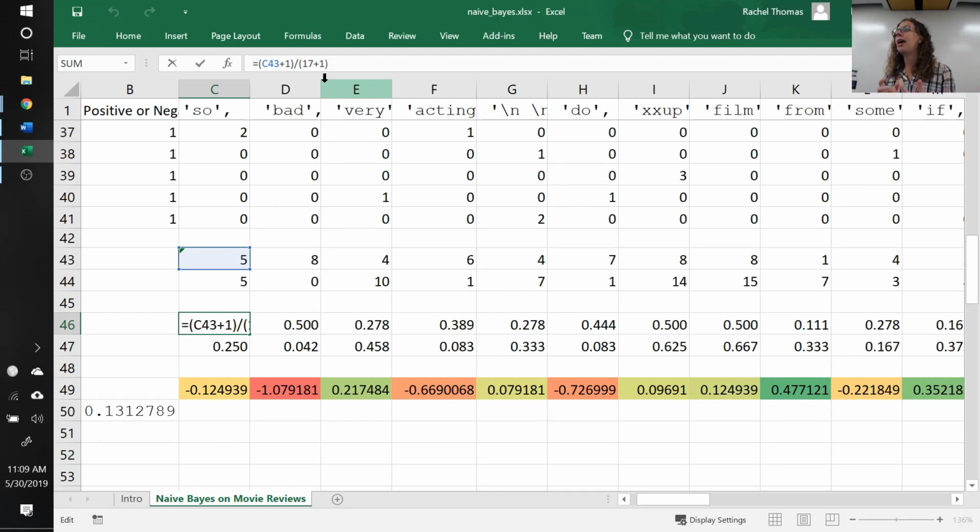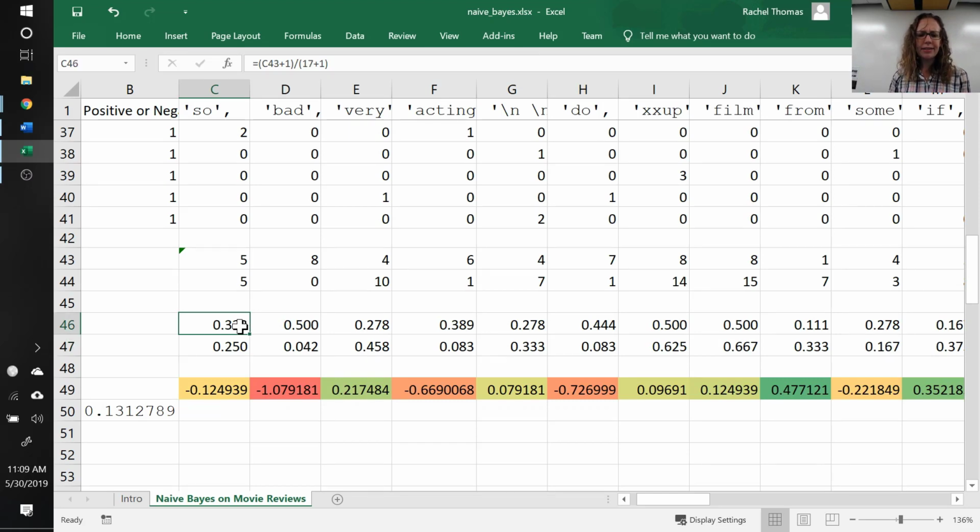Why do we add 1? For numerical stability, that's right, to avoid dividing by 0 or something very small. We've done that with the negative reviews and with the positive reviews. In this case I had 17 negative reviews and 23 positive, so there's a slight difference.